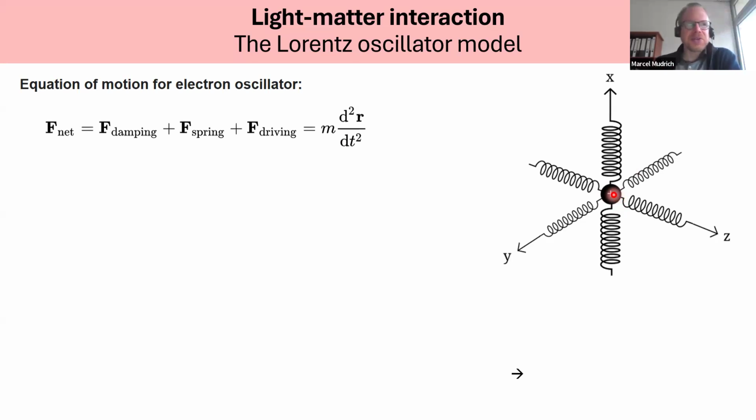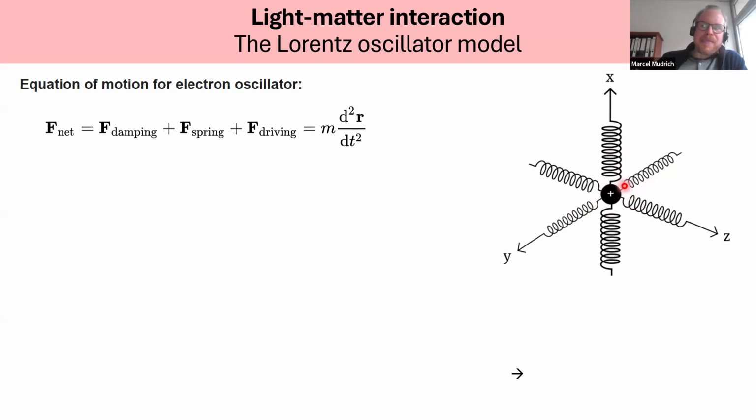Of course, an electron in an atom is certainly not bound in a harmonic potential or by harmonic forces. I mean, it should be more something like a Coulomb potential, but it turns out that this is still quite a good approximation because, as in many cases, the harmonic approximation works quite well, always when the perturbations, in this case the elongation of the electron, are very small.